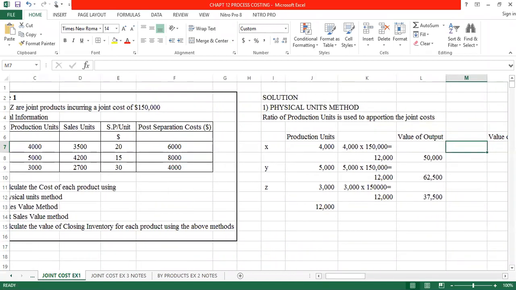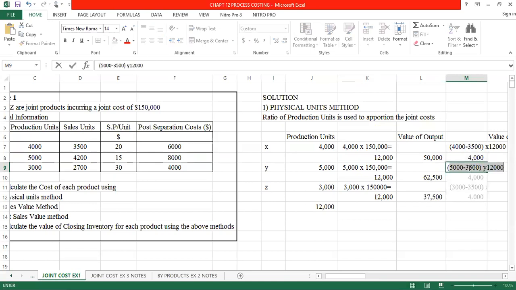So it is 4,000 minus 3,500, in brackets, times the value of output, everything divided by 4,000, the production. This one will be equal to 5,000 minus 4,200.